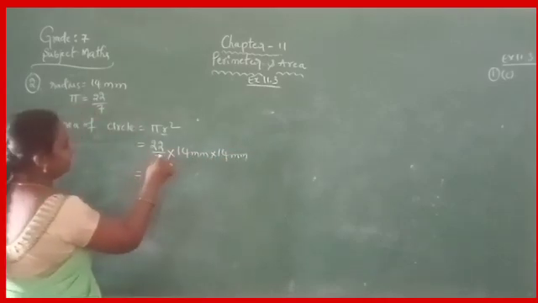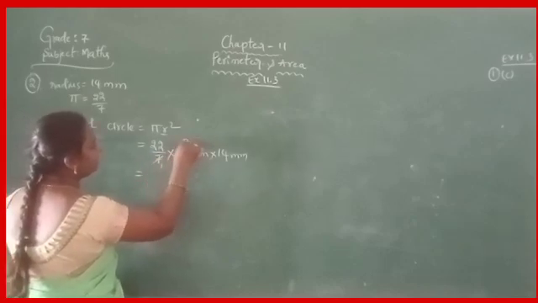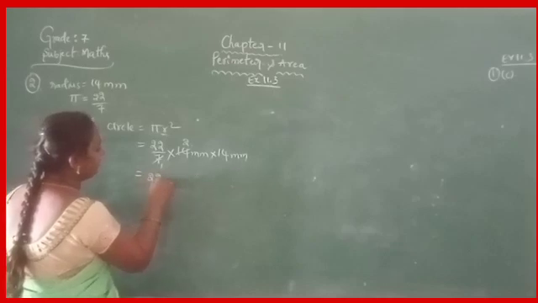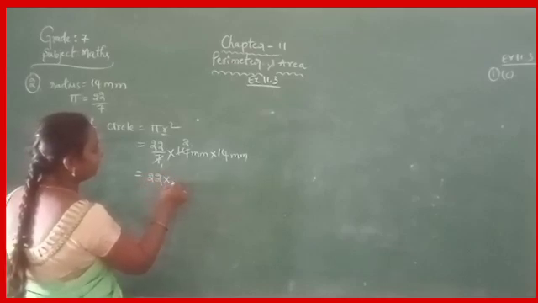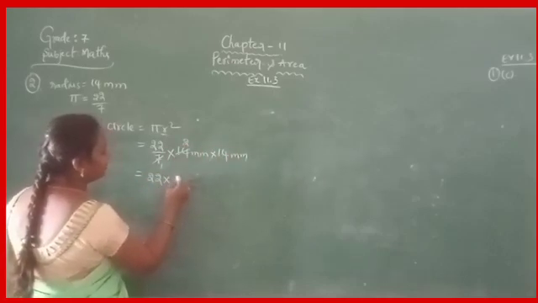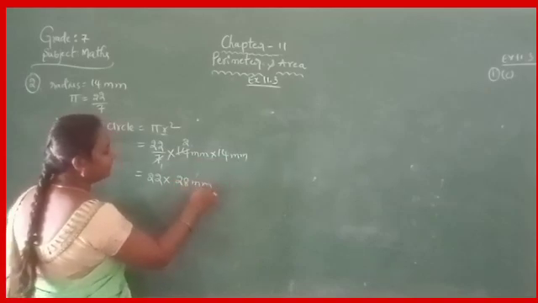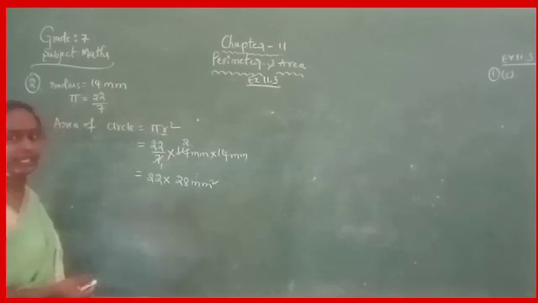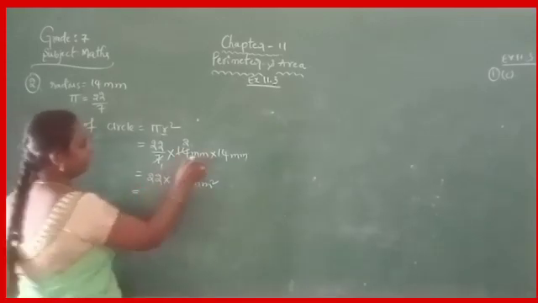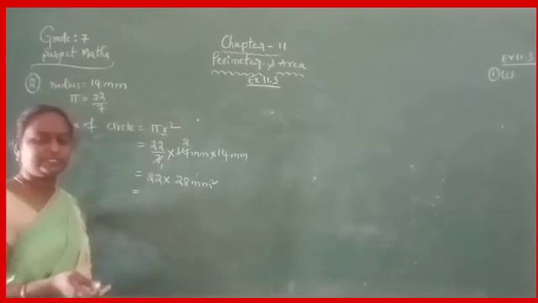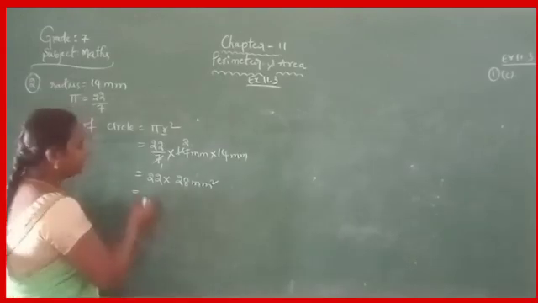Now simplify, 7 ones, 7 twos. So you know the possibilities to cancel. The remaining values to write: 22 into 2 into 14. 14 twos are 28. Millimeter into millimeter, millimeter square. If any unit is raised 2 times, you can write square; 3 times means write cube. Right.